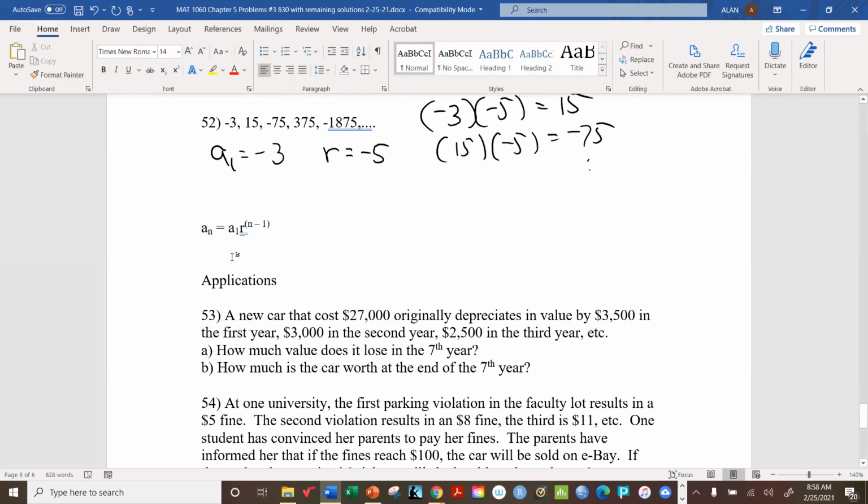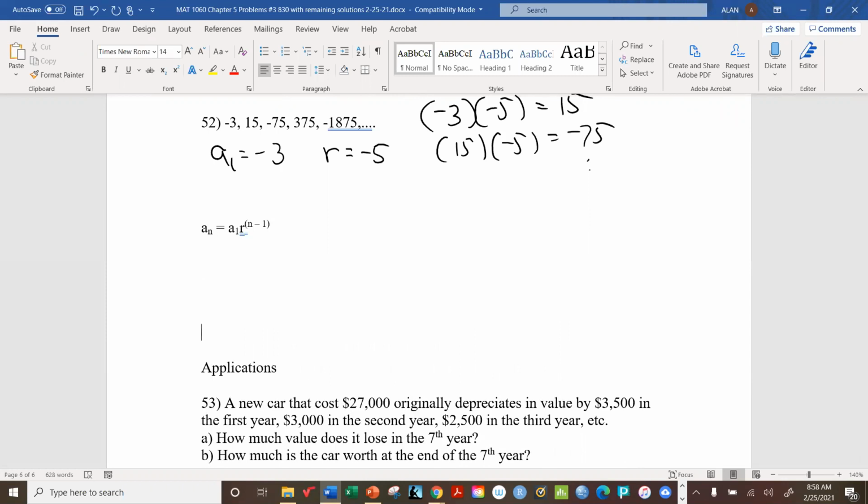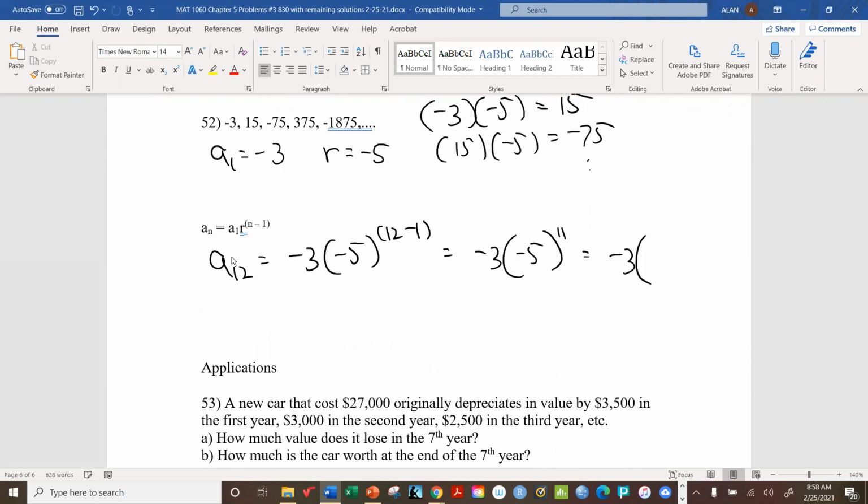All right, so let's do this one. So A12 is -3 times -5 to the 12 minus 1. Okay, -5 to the 11th.